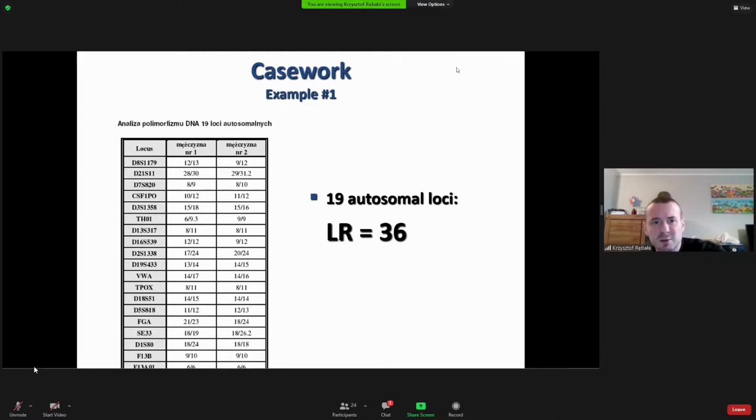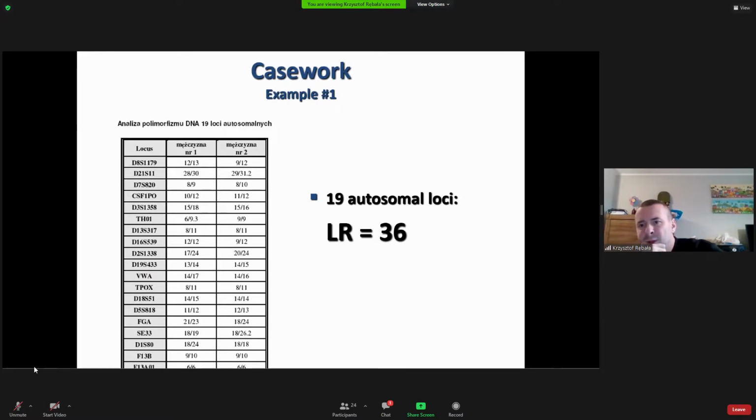We have tested 19 autosomal markers in these two men. Could we do something else to increase the evidence value? The Y chromosome is okay.